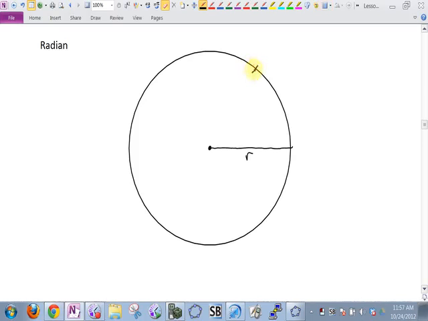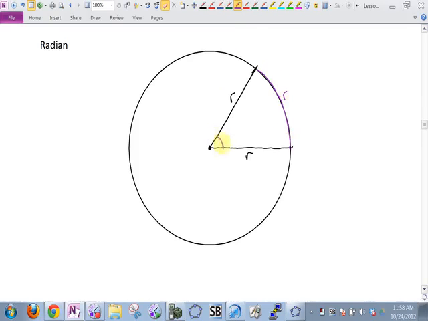Right there. Perfect. That's also a radius, that's length r as well. And this arc right here, this is called an arc. What is the length of that arc? r. If you were to take that and straighten it out, it would be r.